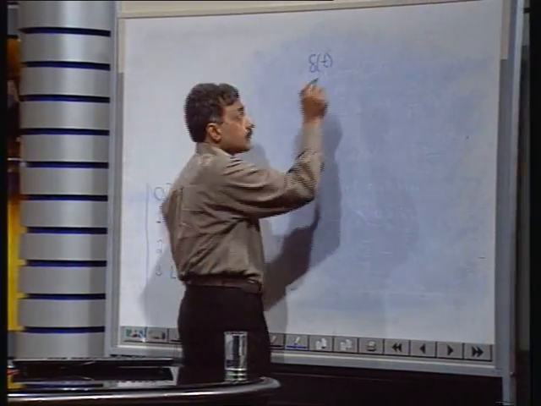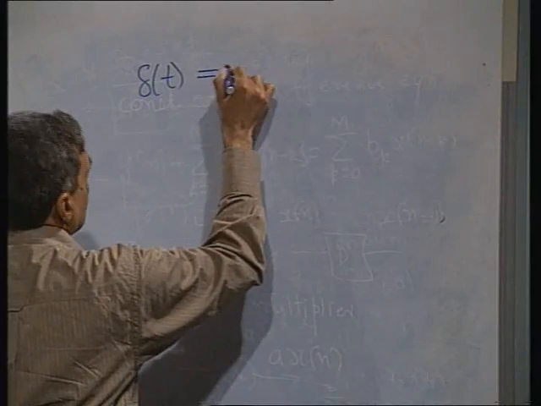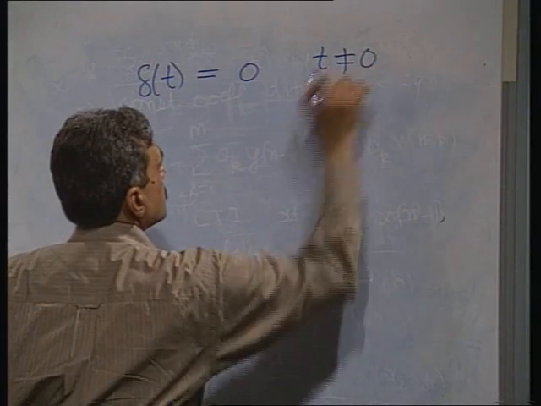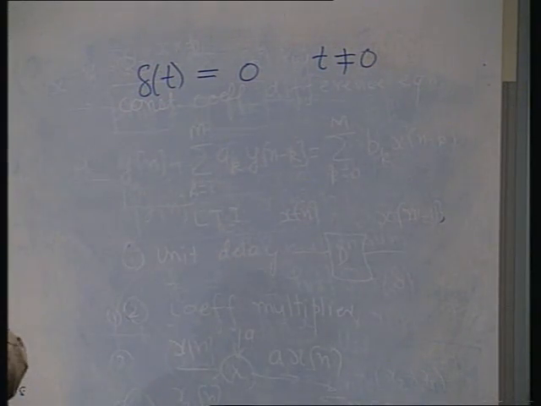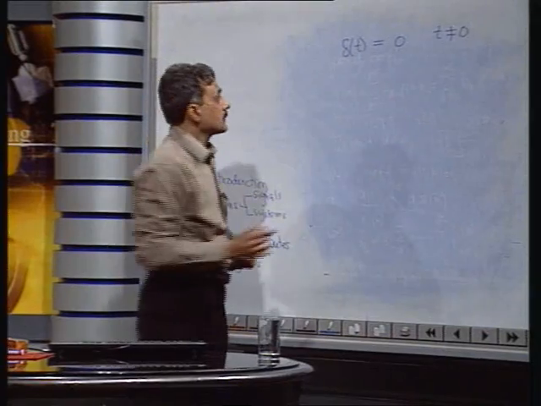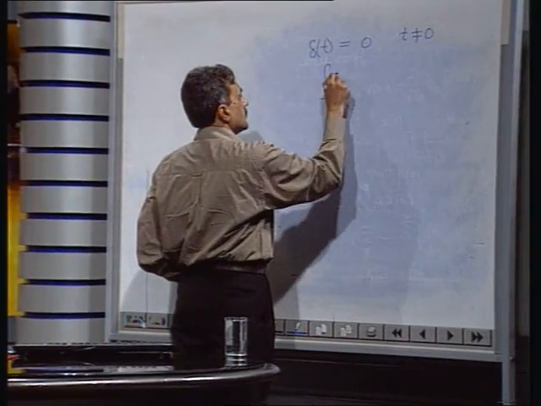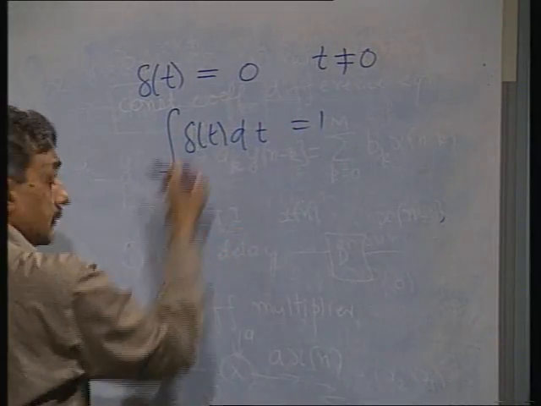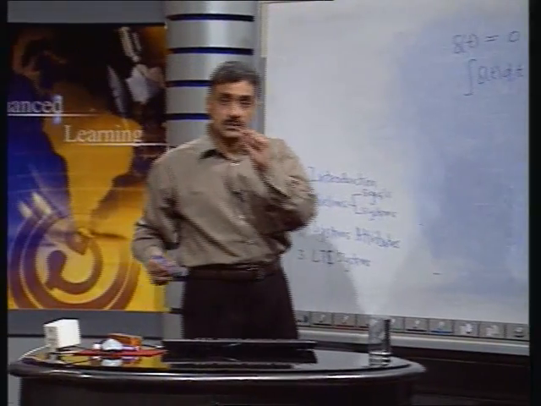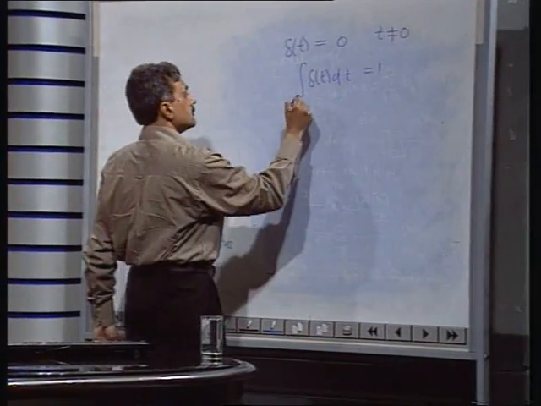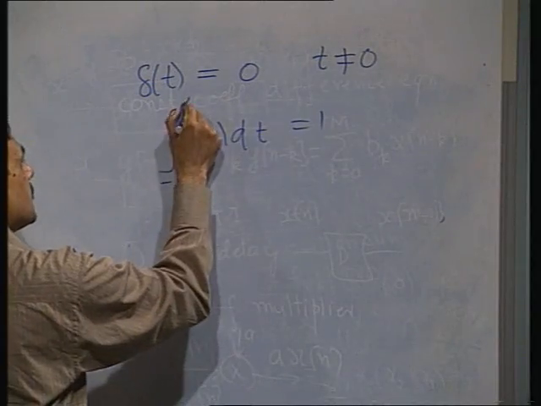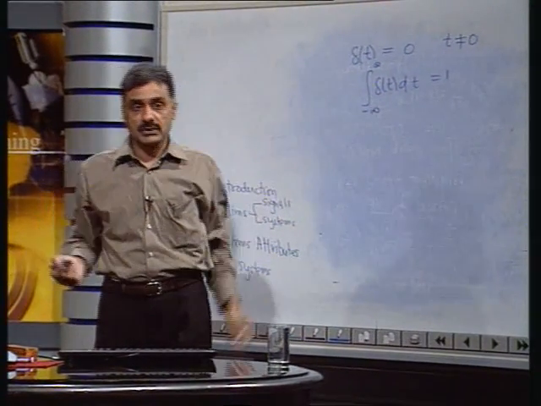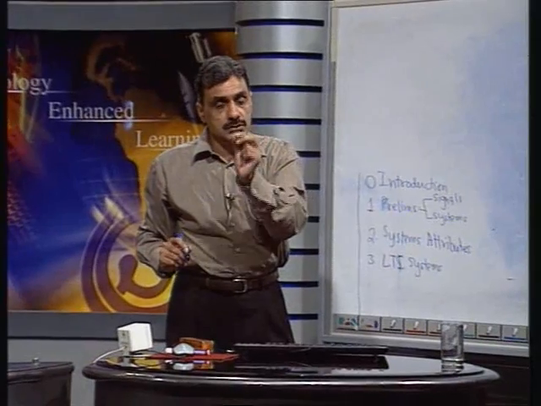I say delta t is equal to 0 for all t not equal to 0, and in the vicinity of 0 its area is 1. That is, if I integrate delta t dt, the area is 1 and the entire area is concentrated in the neighborhood of 0. I can either write minus infinity to infinity, or I can write from 0 minus to 0 plus, one and the same thing, because the area is concentrated there.